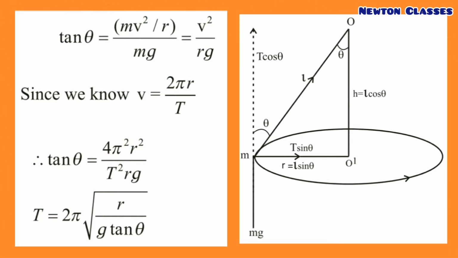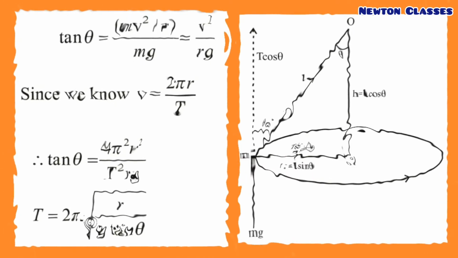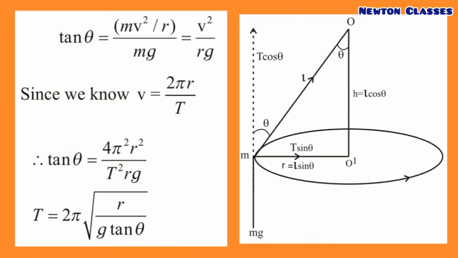Now, we already know that the velocity of a particle performing circular motion is equal to 2 pi r upon its period. Therefore, by putting this value of velocity in the above equation, we get tan theta is equal to 4 pi square r square upon capital T square into rg.